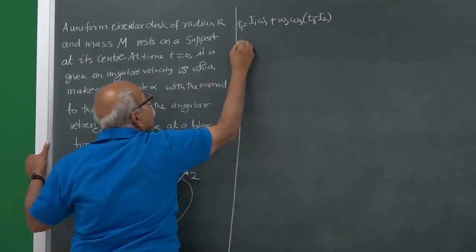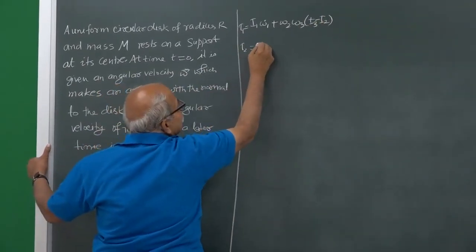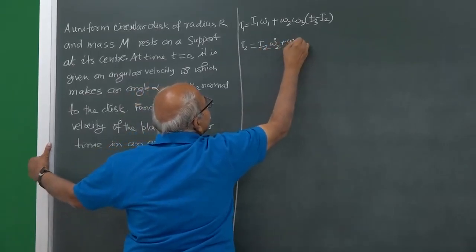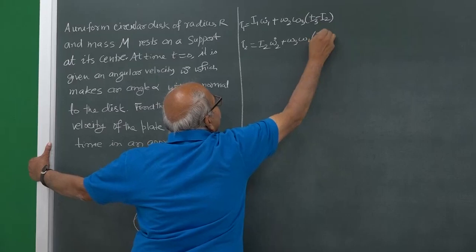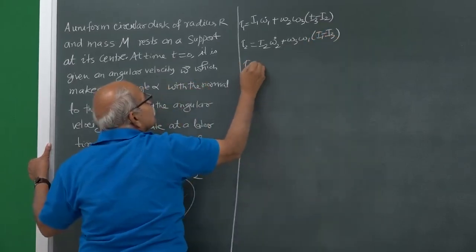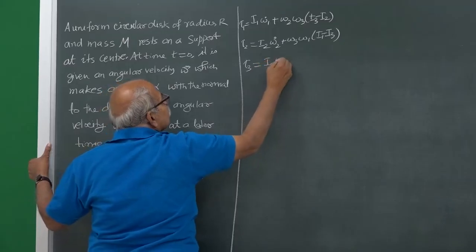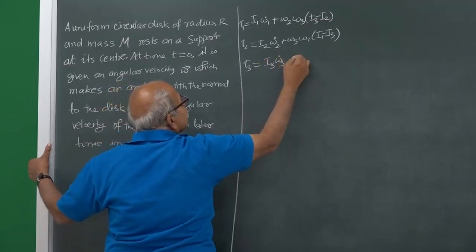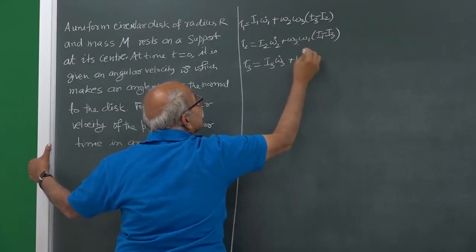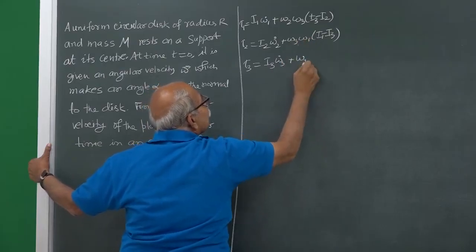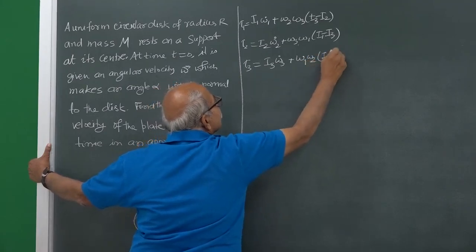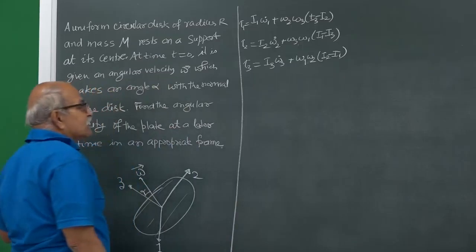Tau 2 is I2 omega 2 dot plus omega 3 omega 1 times (I1 minus I3), and tau 3 is equal to I3 omega 3 dot plus omega 1 omega 2 times (I2 minus I1). So, these are the Euler equations.